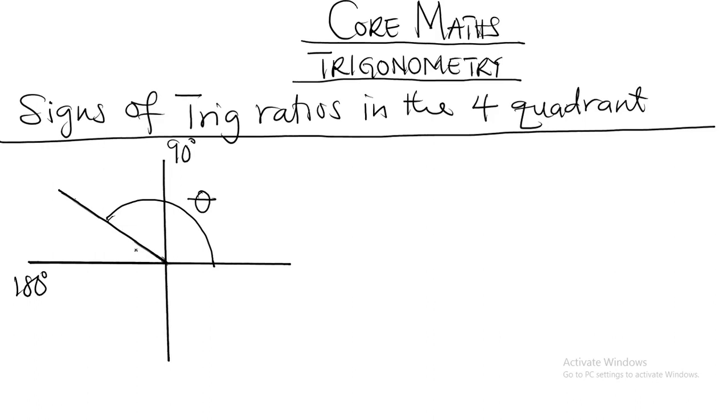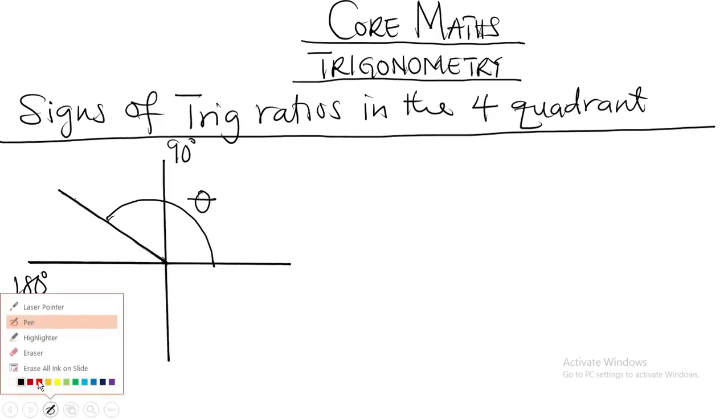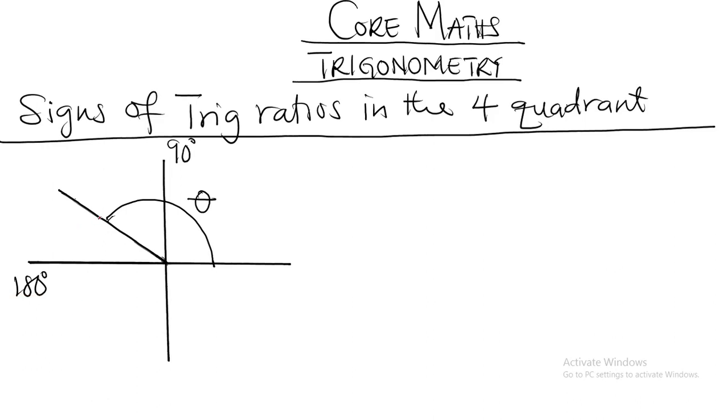So in the second quadrant, the angle theta forms a related angle, which is the angle here. This angle here is the reference angle. It is formed by the angle theta. Now let's label this as R2.